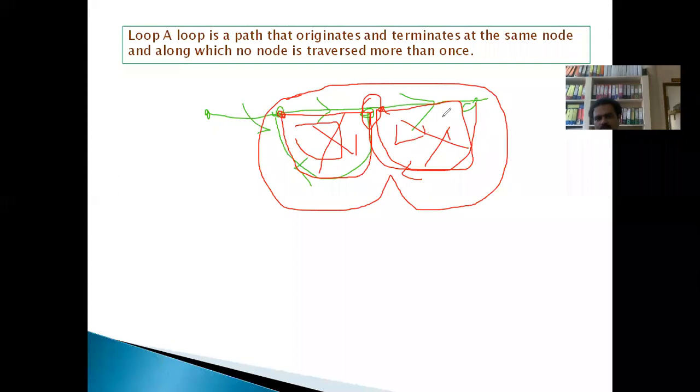This is loop 2 and this is loop 1. There are 2 loops, but we cannot consider this part as one more loop, because in this case this node is traversed more than once. That is called a loop.